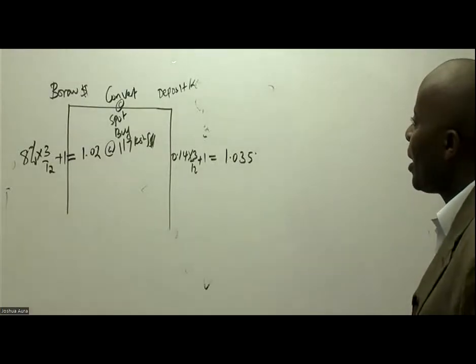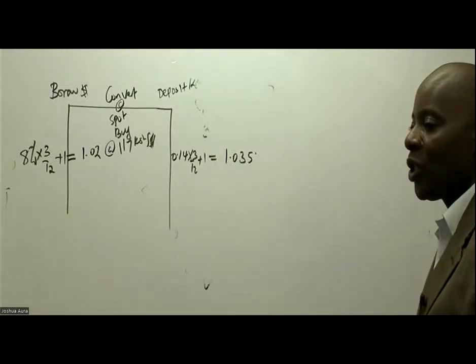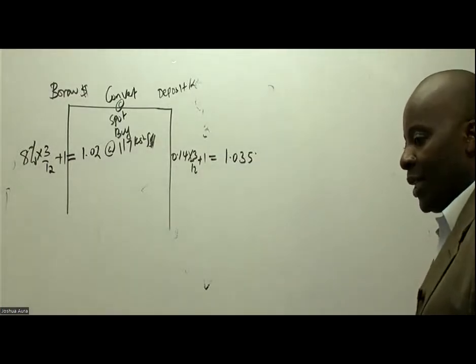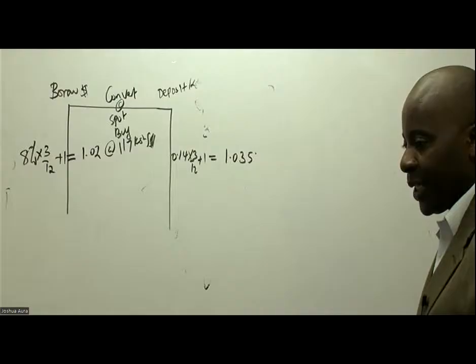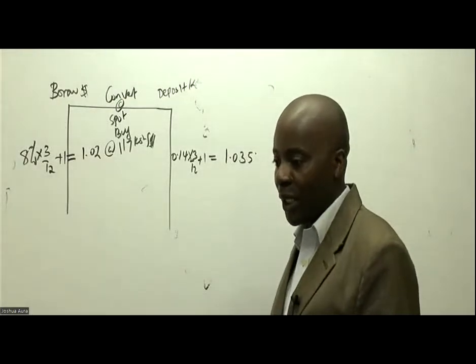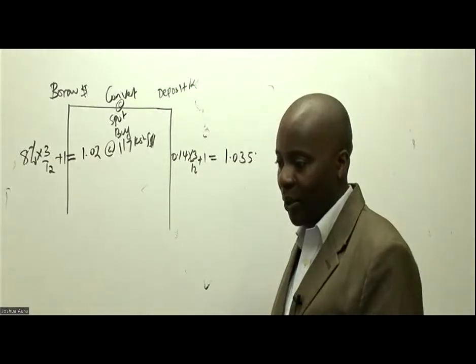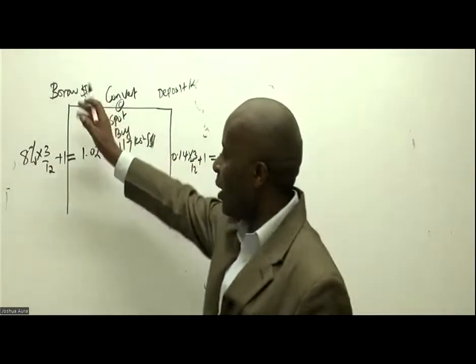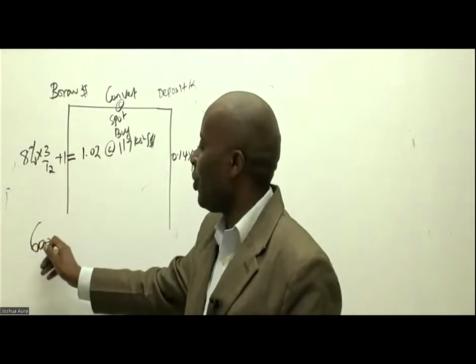Remember, this gentleman is supposed to be receiving how many US dollars? 6 million. So where should I put these US dollars? Kwa dollars, isn't it? 6 million US dollars.